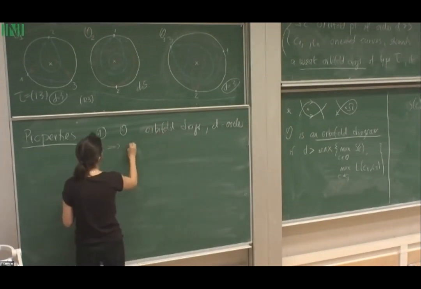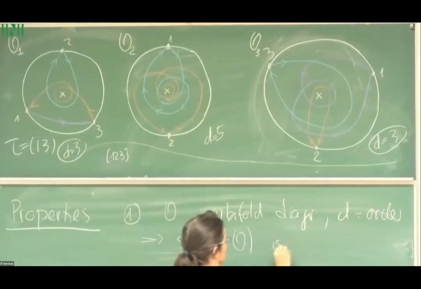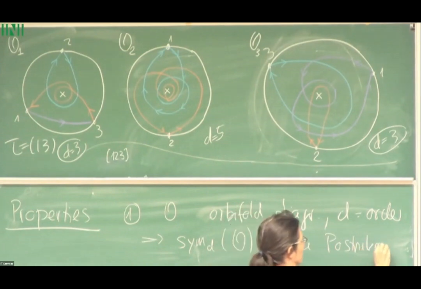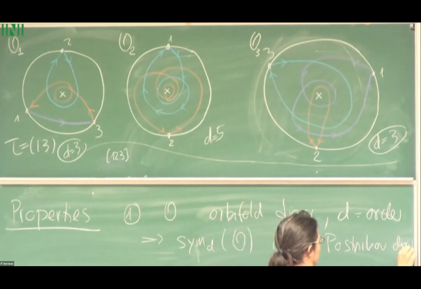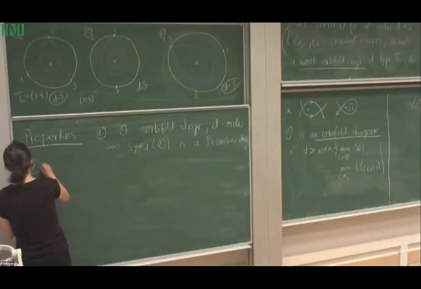Then the symmetrized version of O is a Postnikov diagram. That's just by definition. And here I really want to have D larger than 2. So that's where I need it.